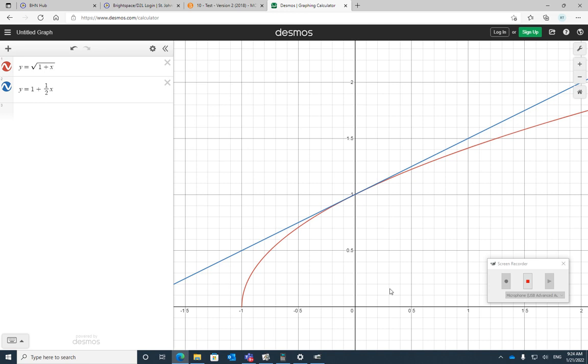Do you agree by looking at the picture? There is a pretty wide section in there where it's virtually the same, indistinguishable as we look at it. And actually, it doesn't do too badly a little farther out either, like out to about negative 0.5 to 0.5.